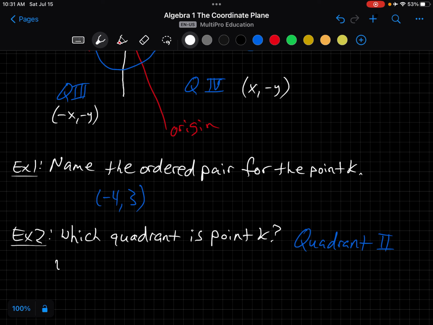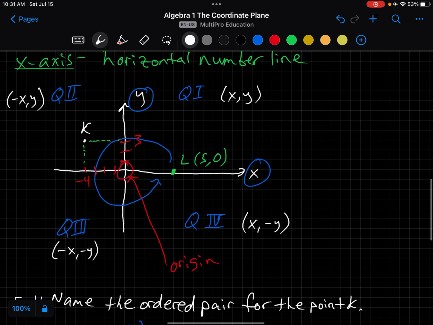Let's ask that question. Which quadrant is point L? So it has a +X, so that matches this. But 0 is neither positive nor negative.